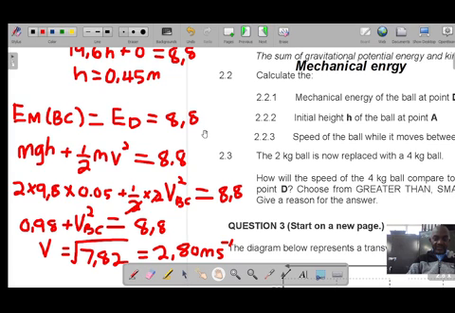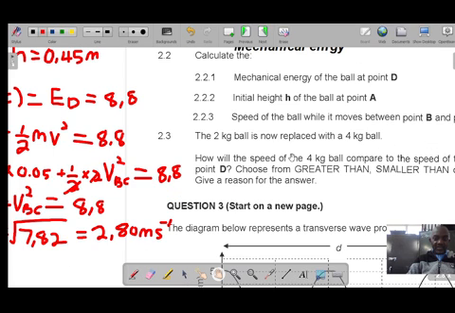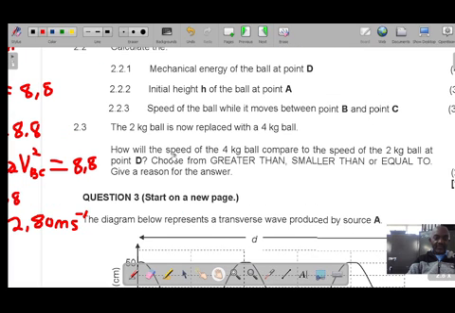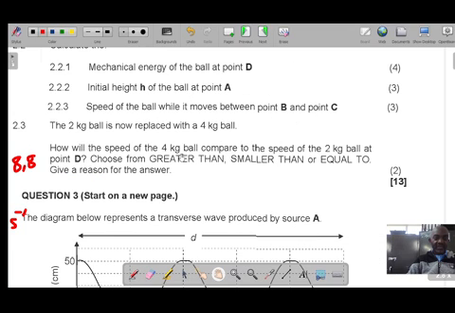They're saying that the 2-kilogram ball is now replaced with a 4-kilogram ball. How will the speed of the 4-kilogram ball compare to the speed of the 2-kilogram ball at point D? Choose from greater than, smaller than, or equal to. Give a reason for your answer.